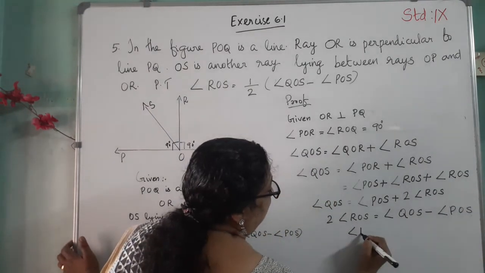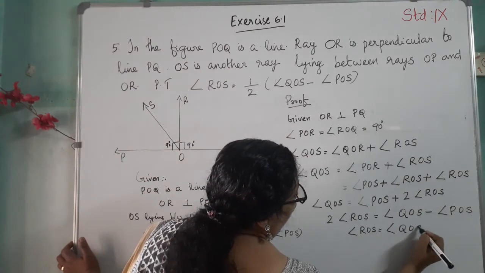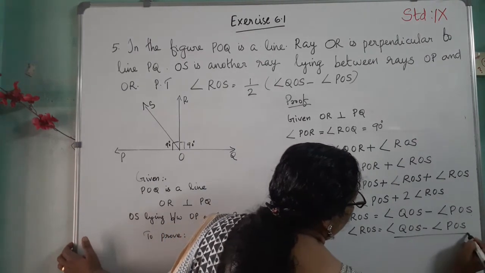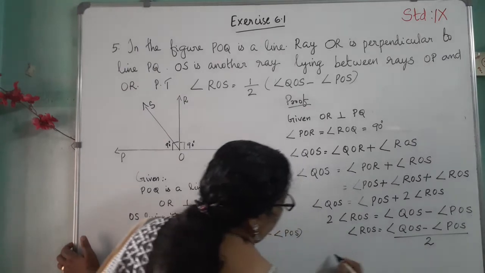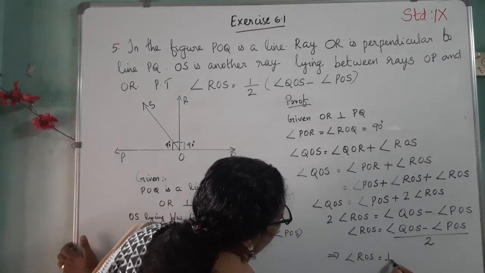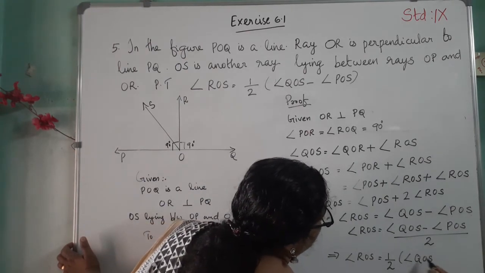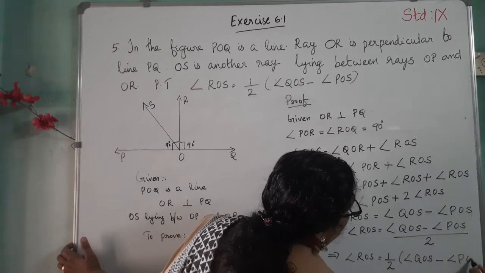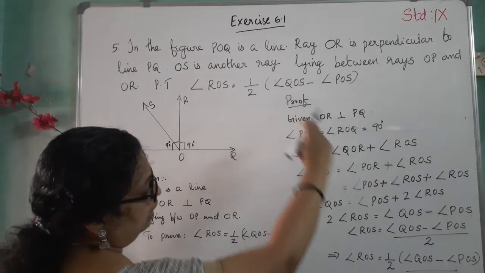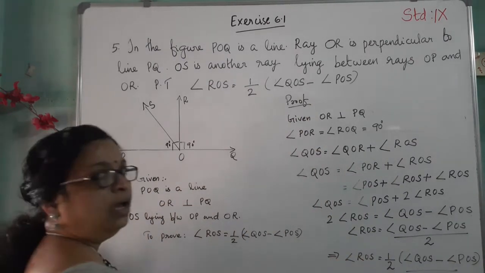Therefore angle ROS equals angle QOS minus angle POS divided by 2, which implies angle ROS equals half of angle QOS minus angle POS. Hence proved.